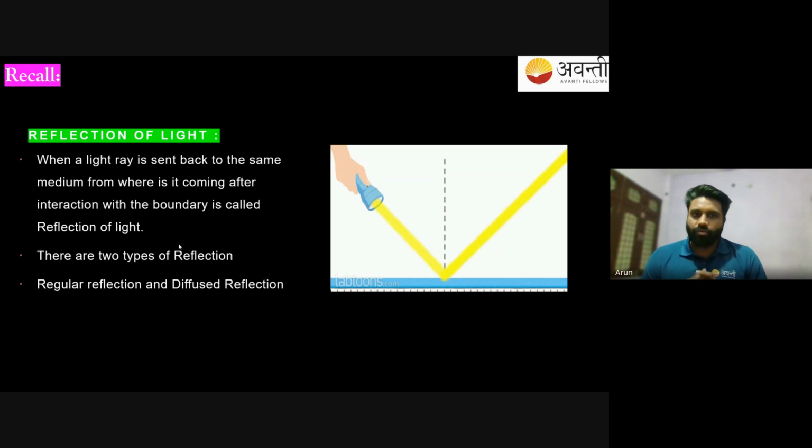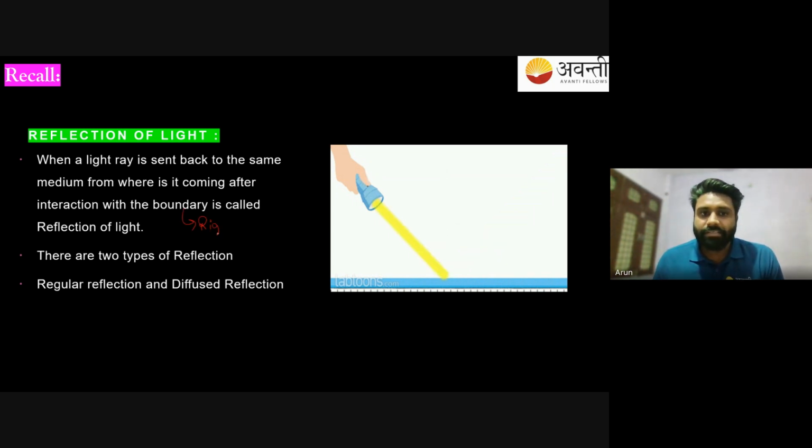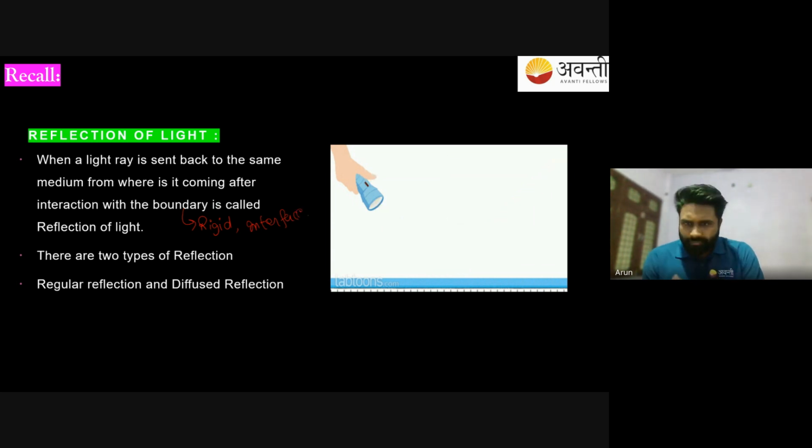It will also depend on the boundary. I must tell you that this boundary can be a rigid boundary or just an interface. Rigid boundary, you can say the boundary of wood, boundary of glass.